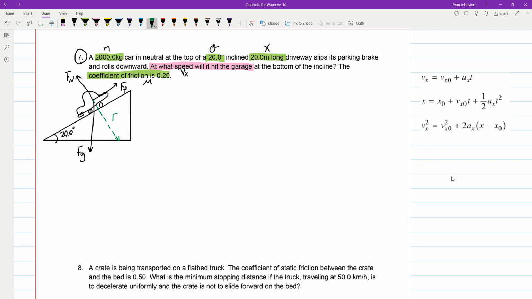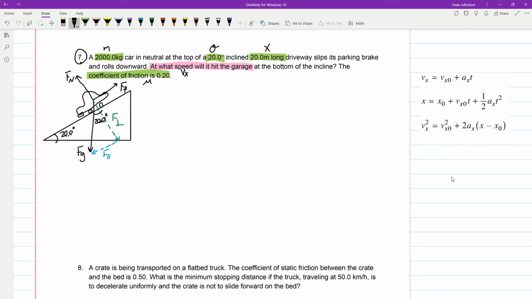Or sorry, not parallel, perpendicular. So here's our force perpendicular. And then going along right here is our force parallel. And from our notes, we know, you don't have to prove this every time, that this is also 20.0 degrees right there in the middle.